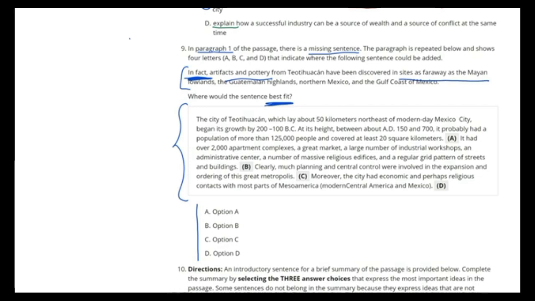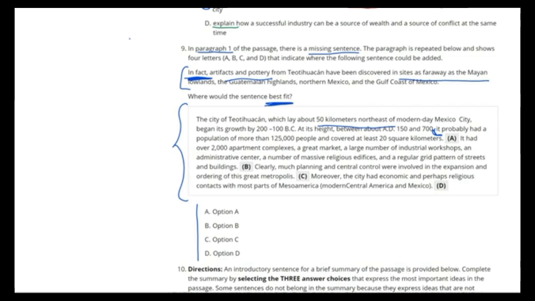The city of Teotihuacan, which lay about 50 kilometers northeast of modern-day Mexico City, and then it goes on like that. There are a lot of numbers here. Let's read from here. It probably had a population of more than 125,000 people and covered at least 20 square kilometers. Does the sentence we need to insert fit here?